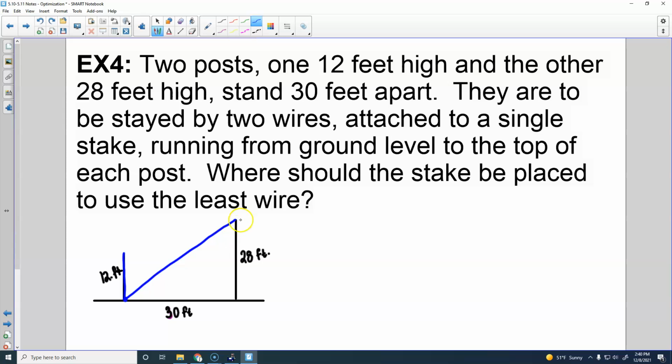So, if that was the case, then I would have 12 feet here of wire, plus I could do the Pythagorean Theorem here, right? 30 squared plus 28 squared equals, so I'm going to use the calculator for the sake of time because this is not actually part of the problem. I'm just trying to demonstrate for you here.